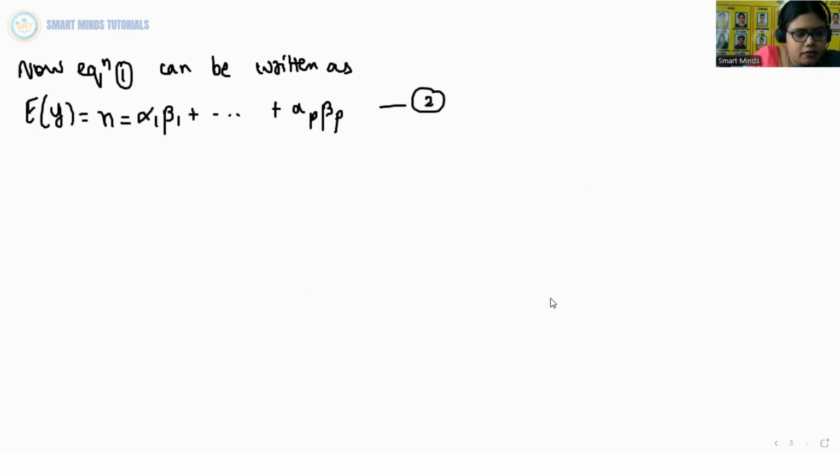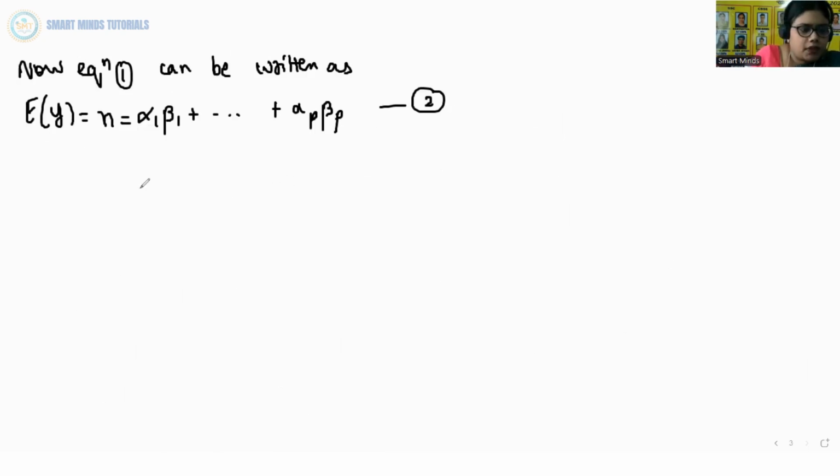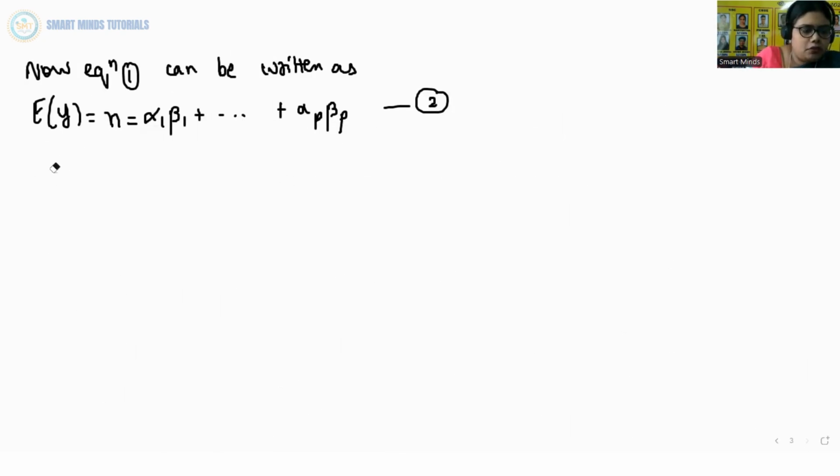What did we take as equation number 1? See, this is equation number 1, E of yi. After that we got equation number 2, that is equal to A beta.